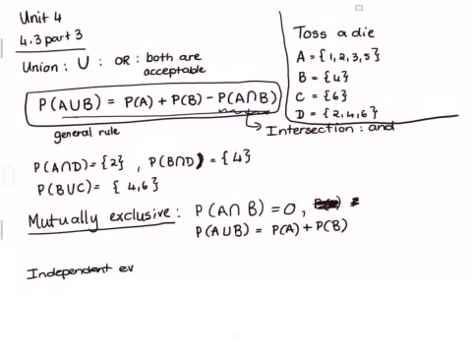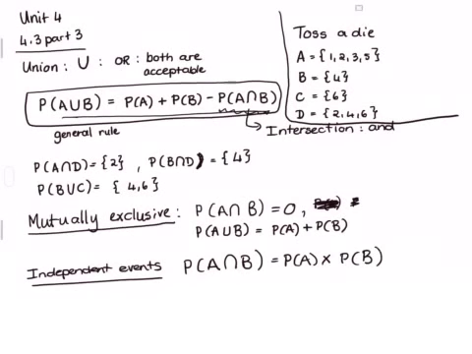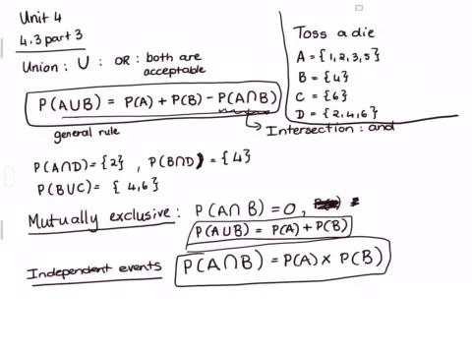For independent events, the probability of A and B, and I'm not really referring to my example, just a general A and B, is the probability of A multiplied by the probability of B. So notice the difference between that one and that one.